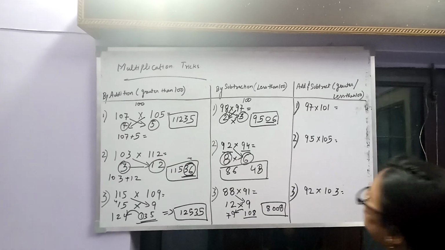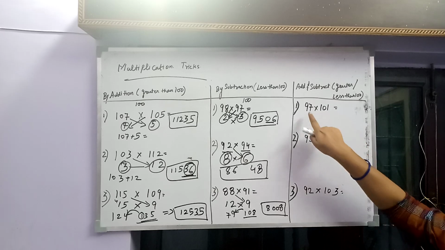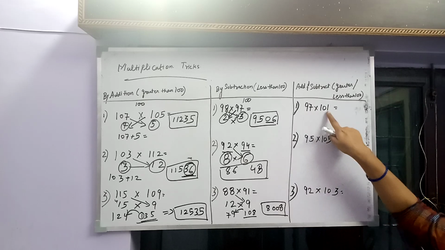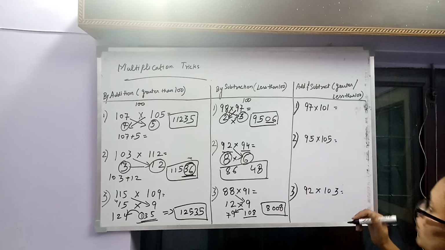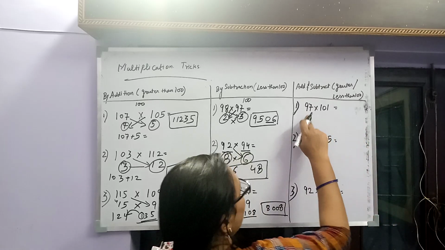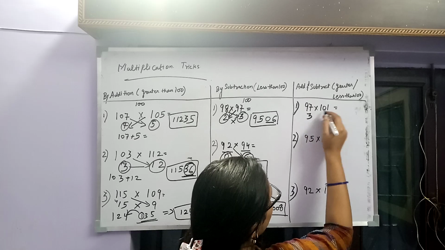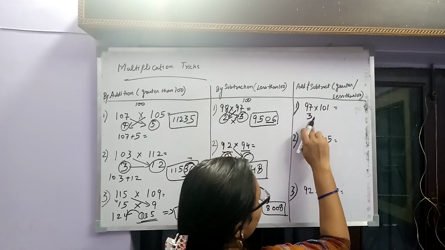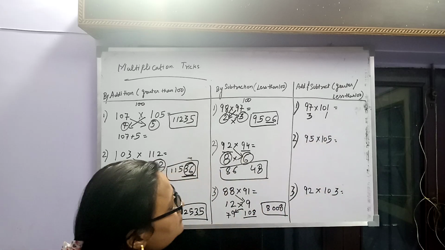Now come to the next type, type 3. Here, if one number is less than 100 and another is greater than 100, then this type of trick will be used. Let's see how. Here it is less than 100 by 3, so we get 3, and here it is 1 greater than 100.